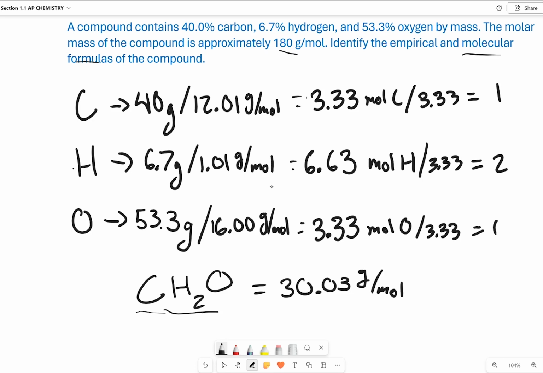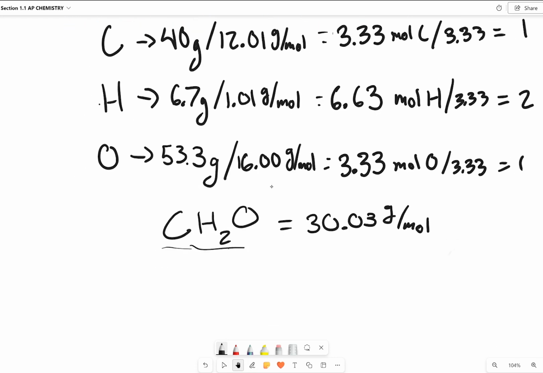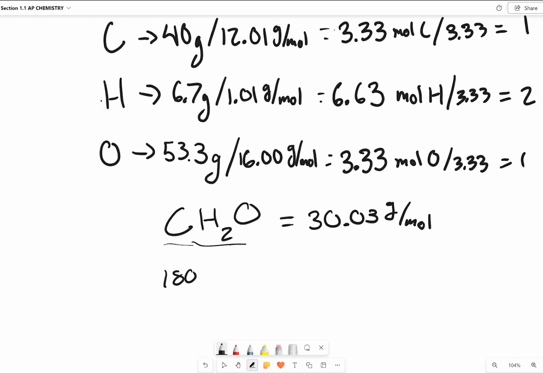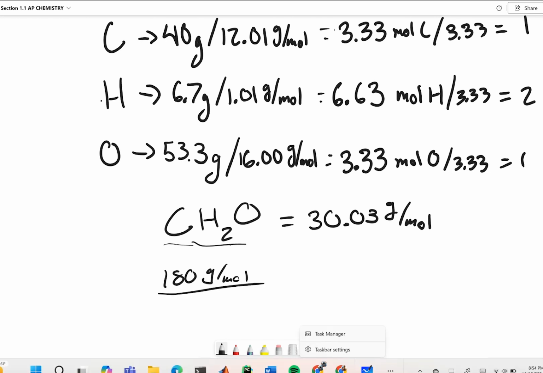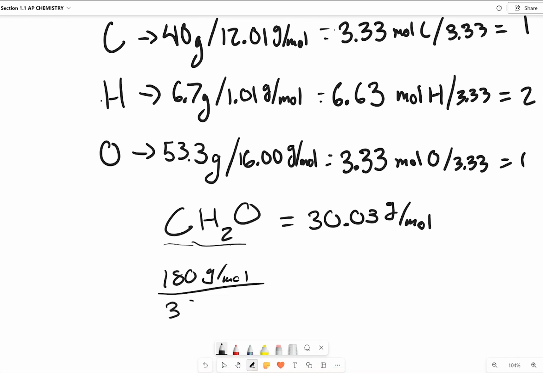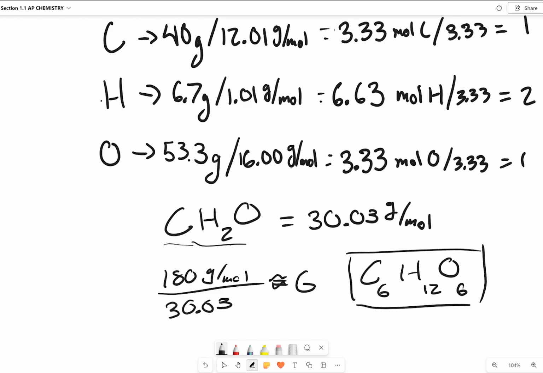We know the molar mass of the compound we have is 180 grams, so to figure out how many empiricals we have in a molecular, we divide the molar mass of our molecular formula by the molar mass of our empirical formula, and this is going to get us approximately 6. So now we can say that it's C6H12O6, and this becomes our molecular formula, and that is glucose.